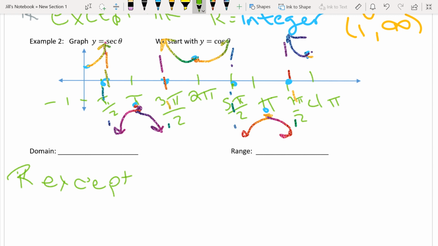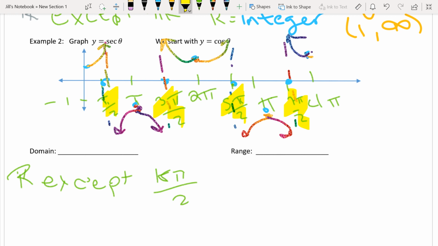So this one, you can see my asymptotes are multiples of pi over 2. That's a K. The asymptotes are all at multiples of pi over 2. They're at 1 pi over 2, 3 pi over 2, 5 pi over 2, 7 pi over 2, where the asymptotes are.